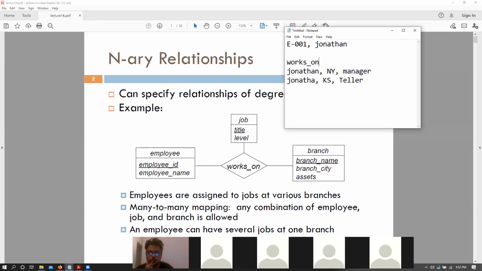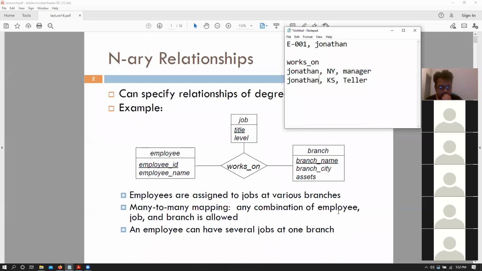So we have these two tuples. Can we represent these two tuples in the same relation that we have? Yes. So Jordan says yes.